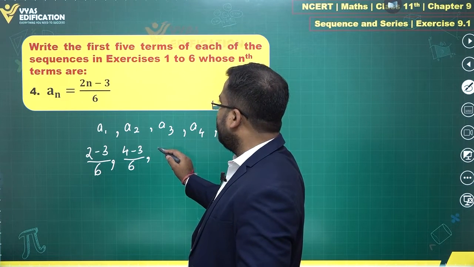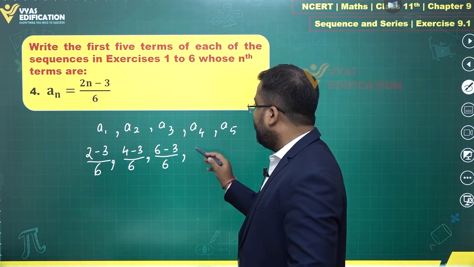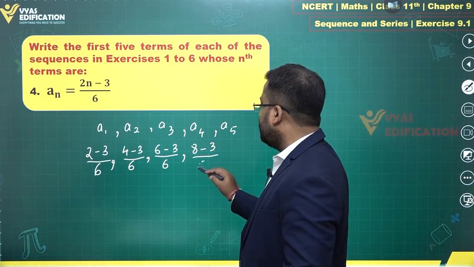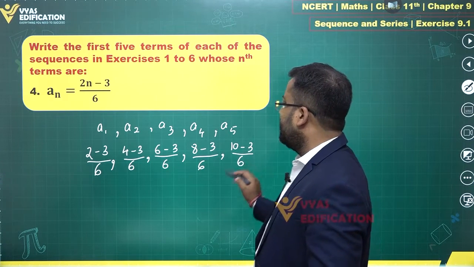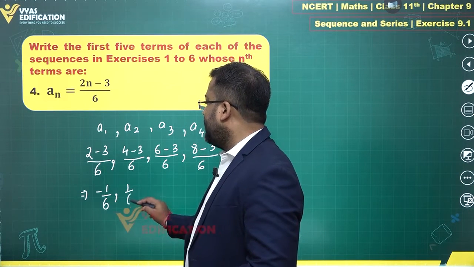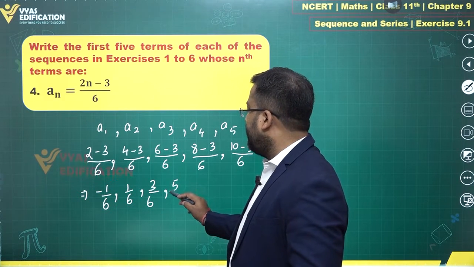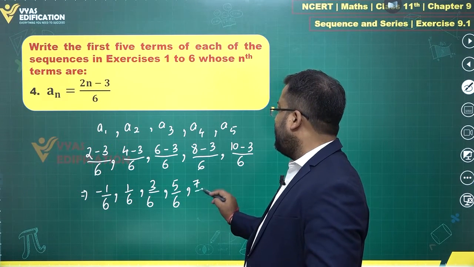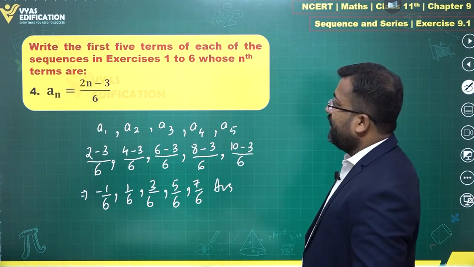This will be 2 into 3 which is 6 minus 3 upon 6. This will be 2 into 4, 8 minus 3 upon 6. This will be 5 times 2, 10 minus 3 upon 6. What is this? This is minus 1 by 6, this is 1 by 6, this is 3 by 6, this is 5 by 6 and this here is 7 by 6. Those are the first 5 terms of this series.